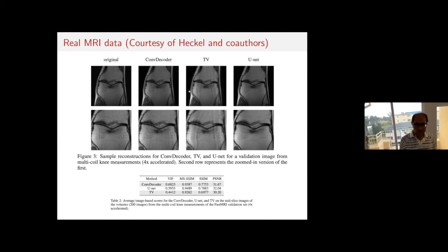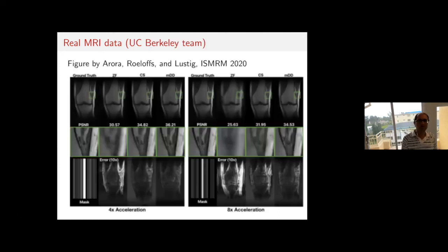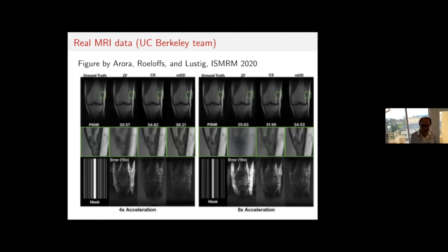Here's another set of results from Mickey Lustig's group that show something similar. This paper is going to appear in ISMRM, which is the MRI conference. They show something similar in a compressive sensing setup where you accelerate by sampling fewer things. And these kind of untrained networks do seem to work well.